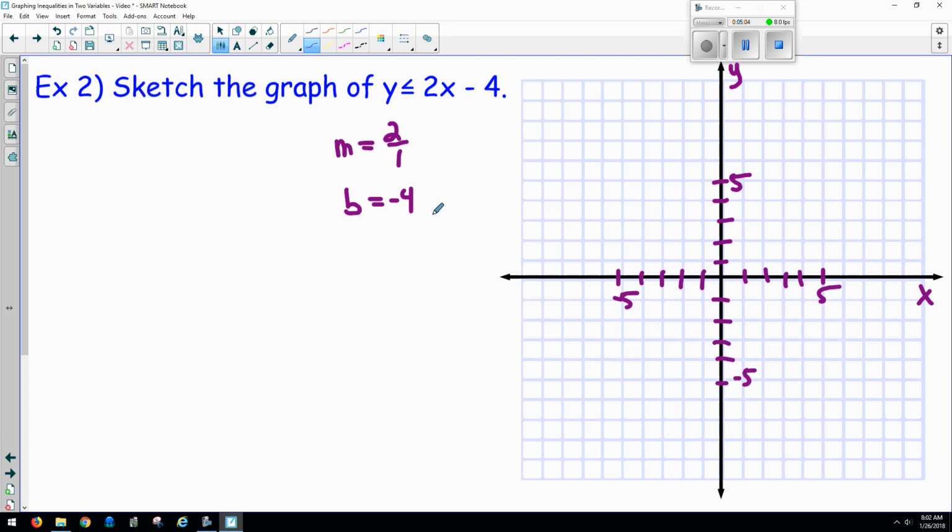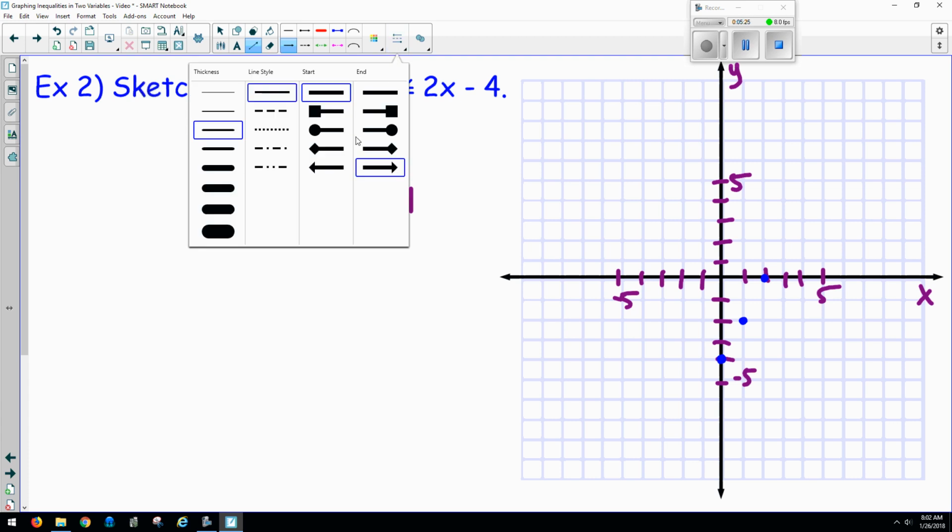So the line of it is the same. We're going to start at -4, and we're still going to go up 2 over 1, up 2 over 1, and so on. However, this time I have a less than or equal to sign, which means now the line is going to be a solid line.